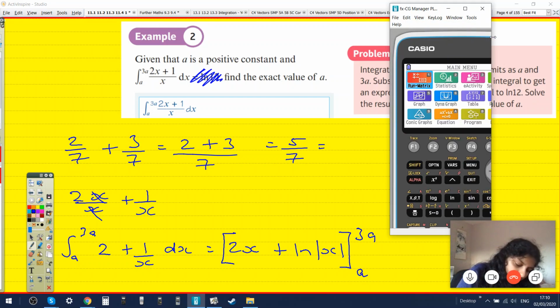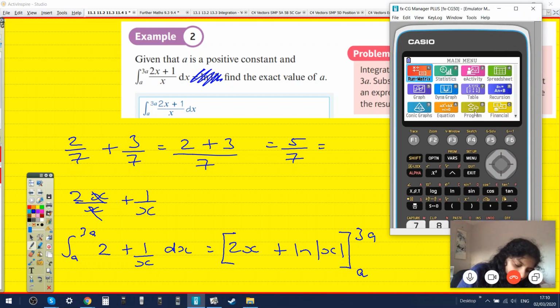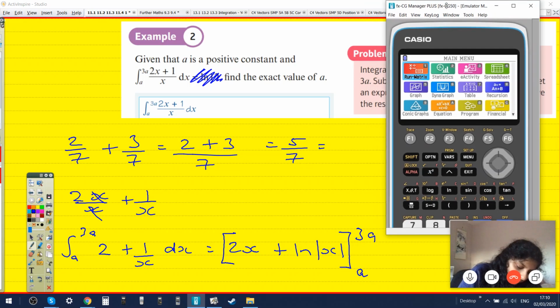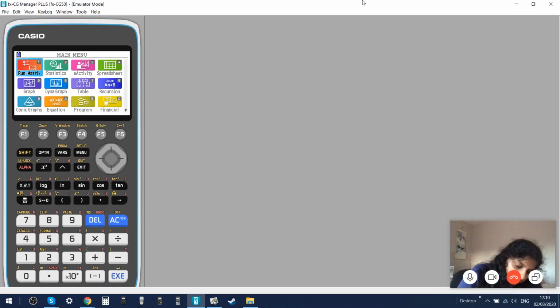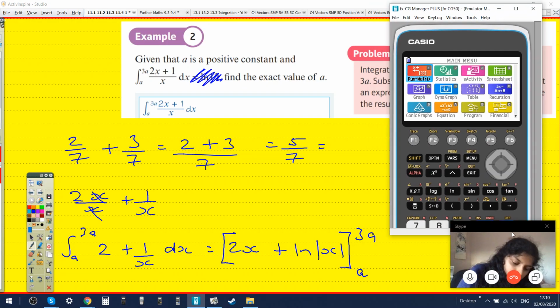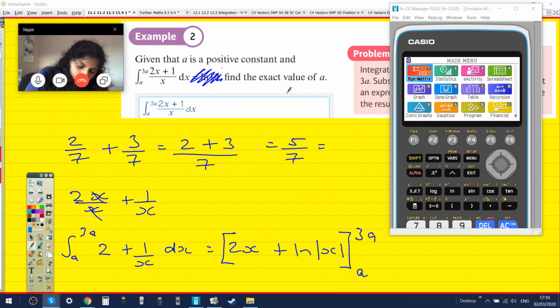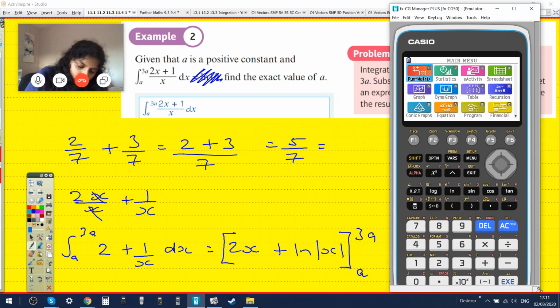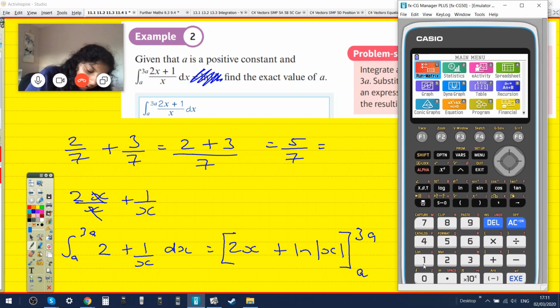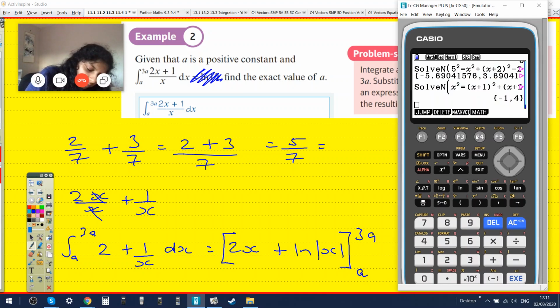So you'd have 6a plus ln 3a minus 2a plus ln a. So 4a plus ln 3a plus ln a. How does that equal ln 12? Make it equal to ln 12 and then solve it.